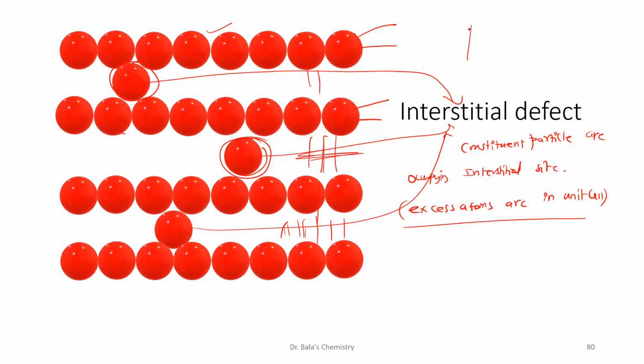Interstitial site, in the sense, for example, we have a unit cell here with 1, 2, 3, 4 atoms. If you connect all those, we get some lattice points. In between them, we have some interstitial sites, and that impurity is going to occupy them. Generally, it increases the density of the crystal. Okay, that is the interstitial defect.